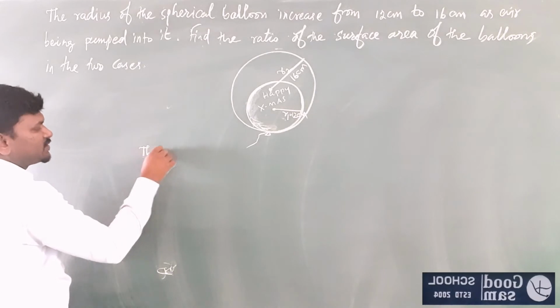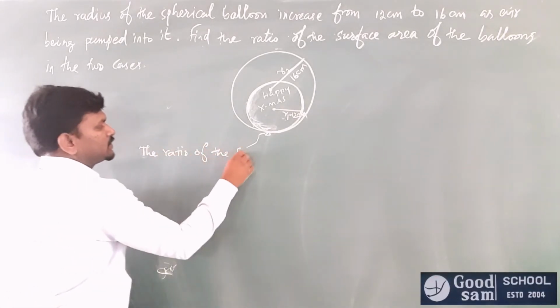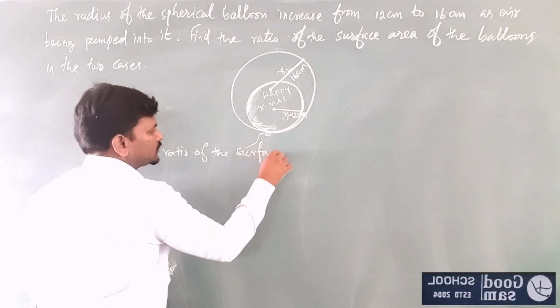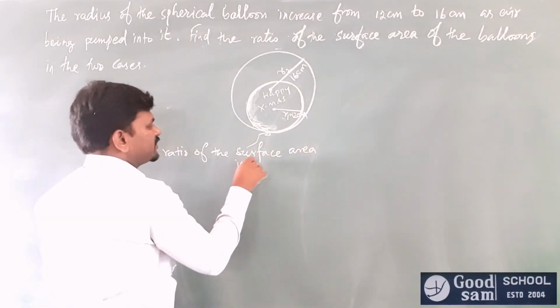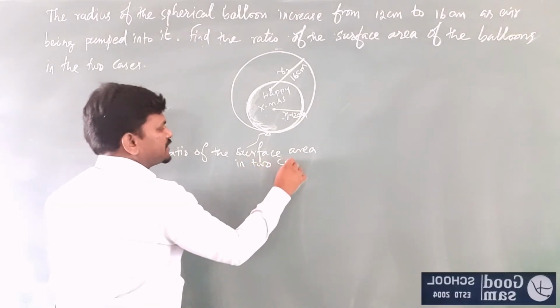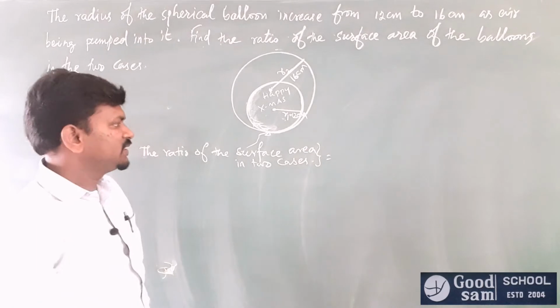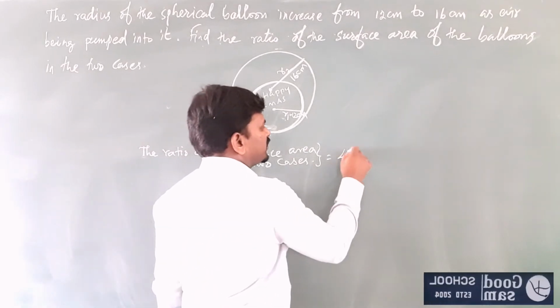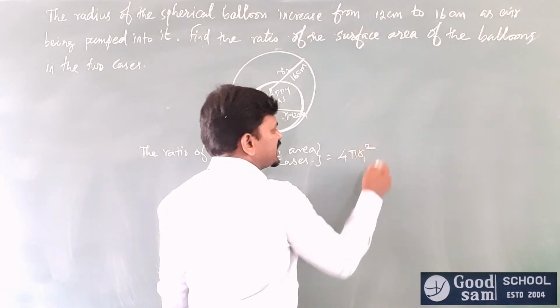Therefore, the ratio of the surface area in two cases is equal to 4 pi r square.